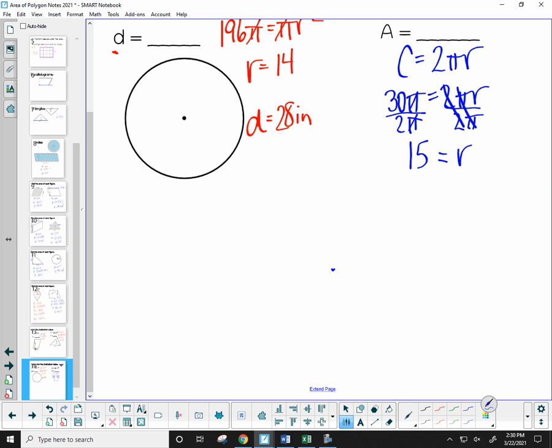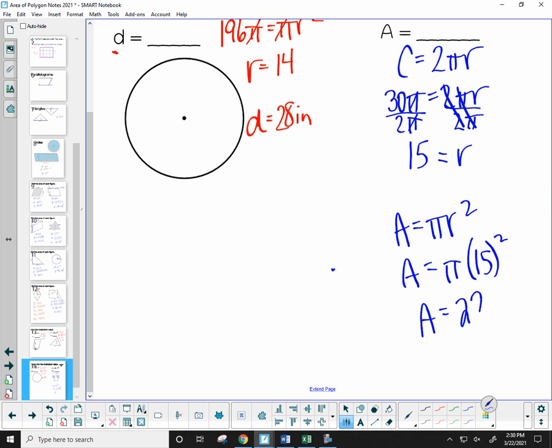So I know my radius is 15. But I still need to find the area now, right? So area equals pi r squared. So pi times 15 squared gives me 225 pi. I don't remember what our units were. Is it centimeters? Inches? Sorry. Okay, square inches there. Not bad?